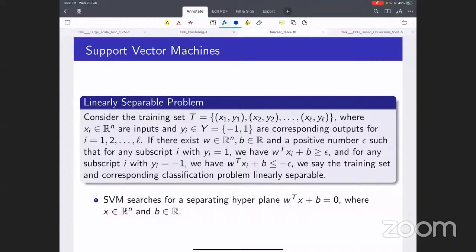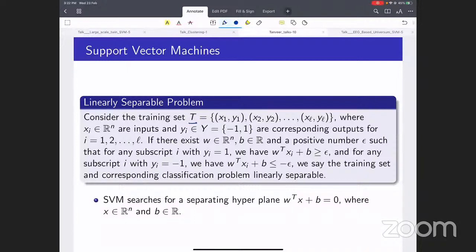Essentially, when we are talking about linear SVM, we have training data T: x1, y1, x2, y2, up to xl, yl, where x1, x2, xl are input data, and yi are class labels.